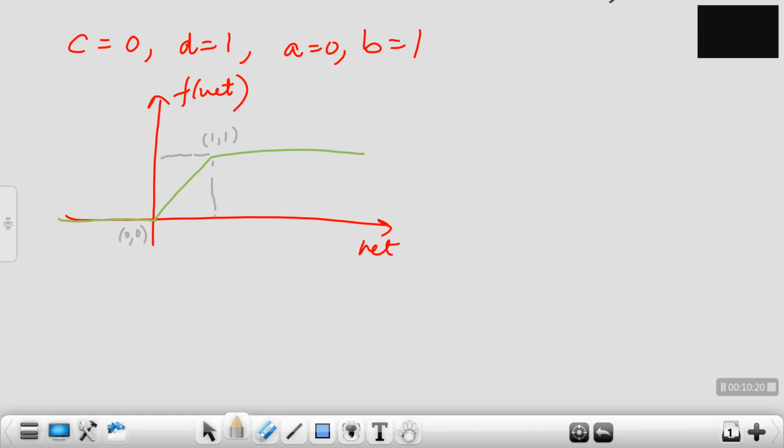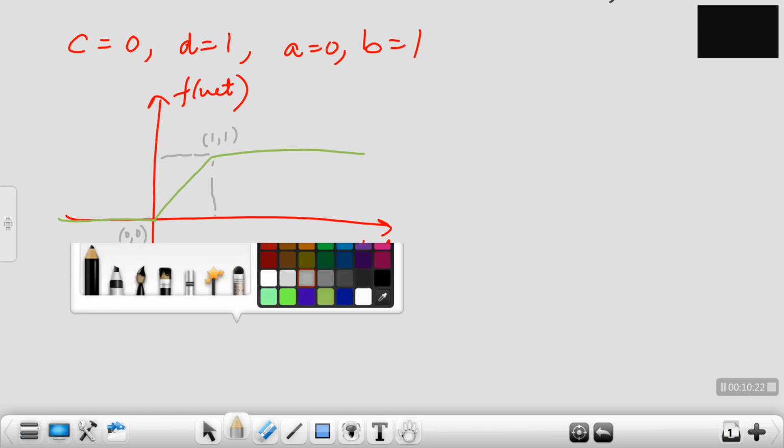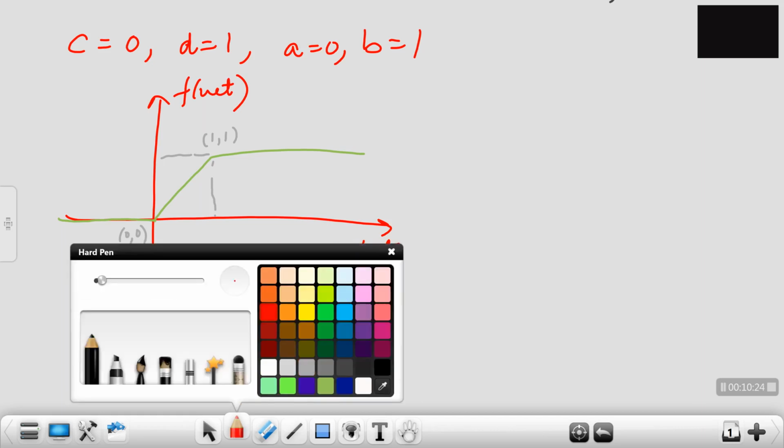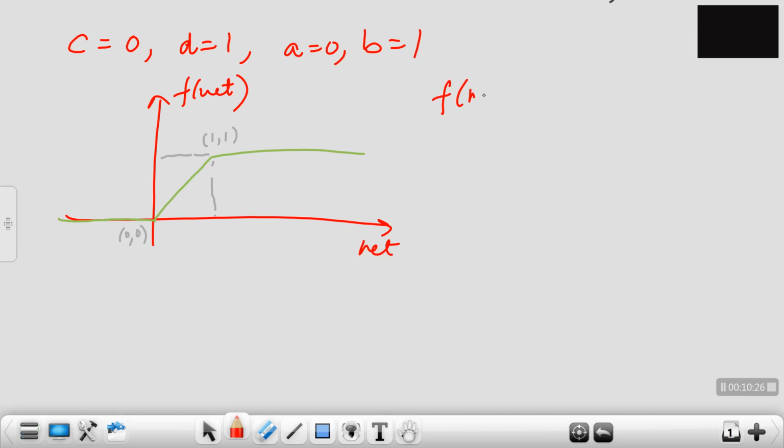So how can I write the equation? F of net will be equal to 0 when net is less than 0. F of net will be equal to net, that is linear function, when 0 is less than net less than 1.